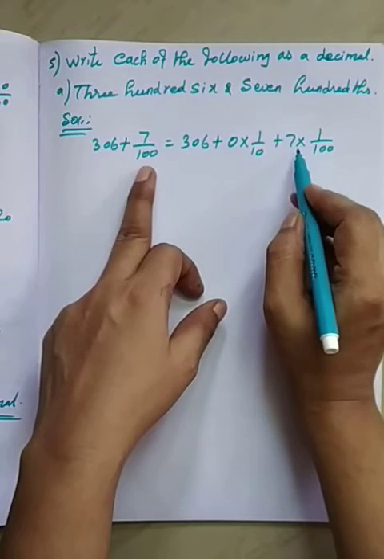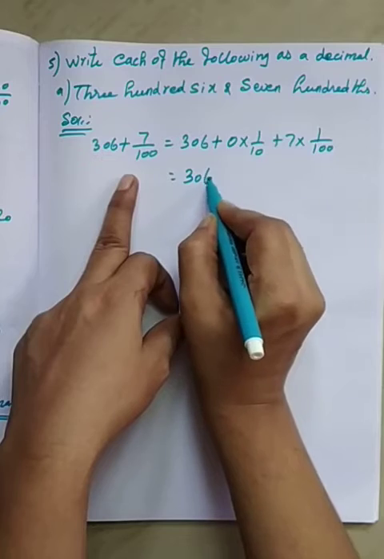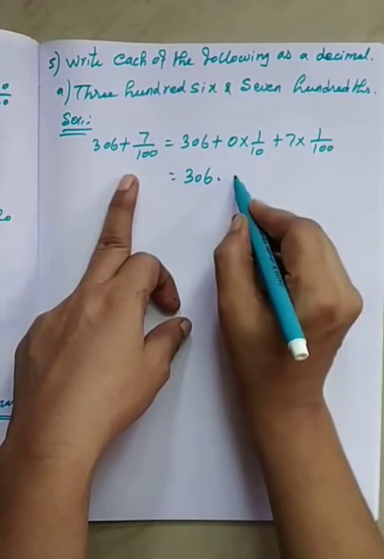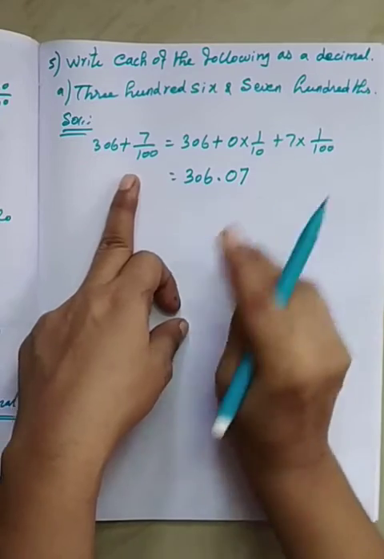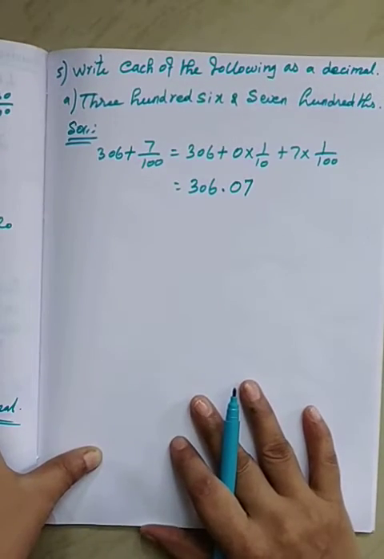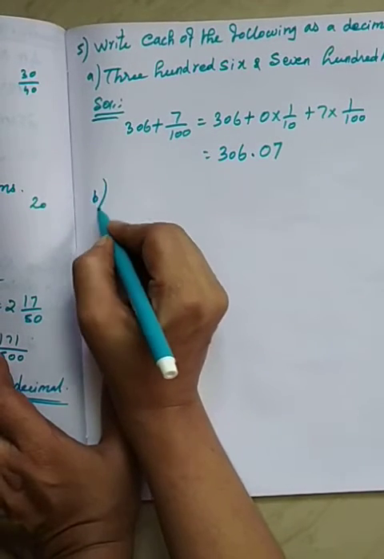Now you can write 306.0, the tenths place is not here, so you can put 0, and then 7 is your answer. 306.07. Clear?